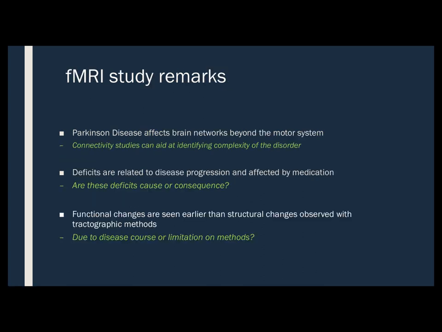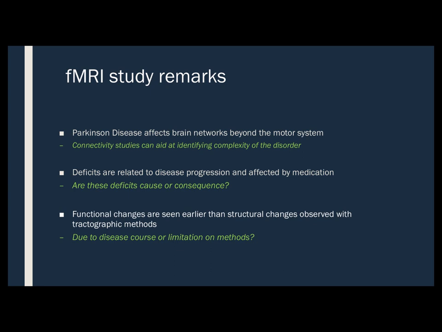So this will be my last slide on the fMRI part, and then we move to more structural data. So we know that Parkinson's disease affects the networks, brain networks beyond the motor system. The connectivity studies can help in trying to identify some of the issues or the parameters in this disorder.